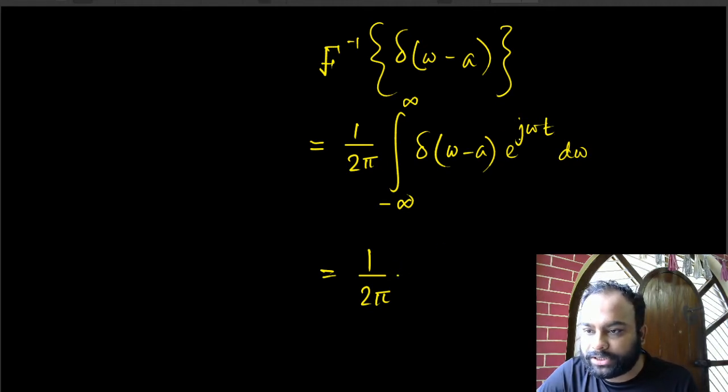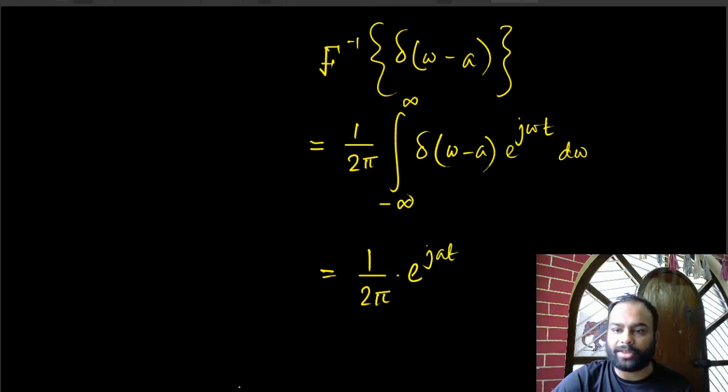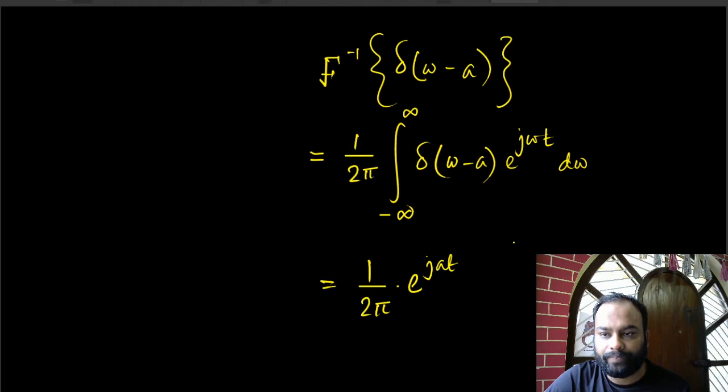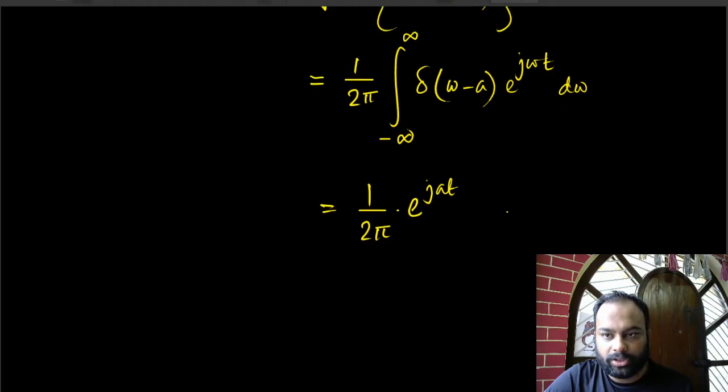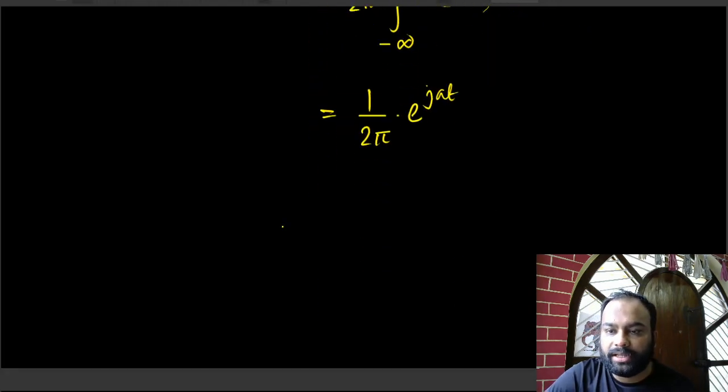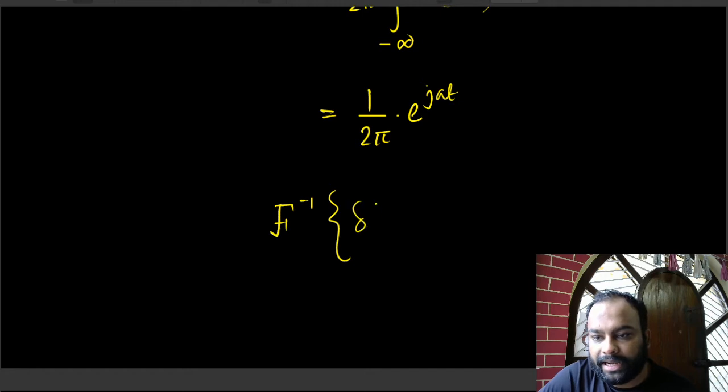So if this is your f omega, the answer would be e to the power j a t. So the answer is going to be 1 by 2 pi e to the power j a t, right? So I now have the inverse Fourier transform of delta omega minus omega naught.